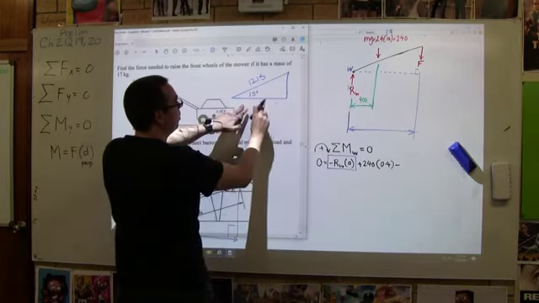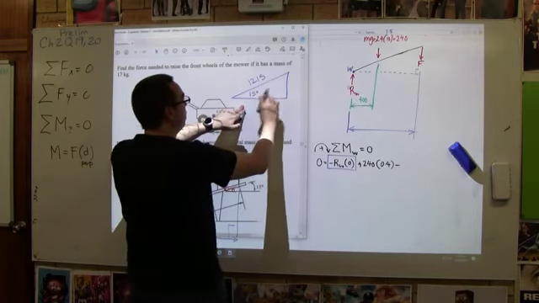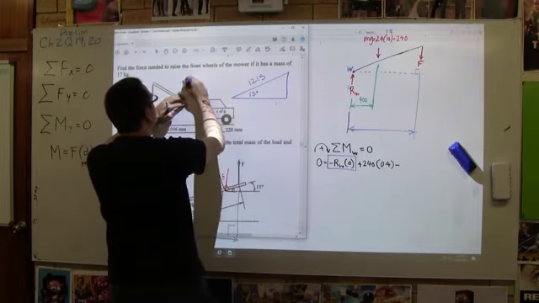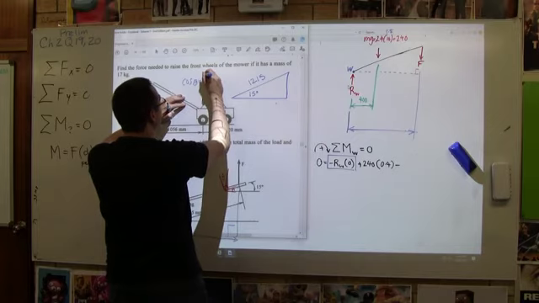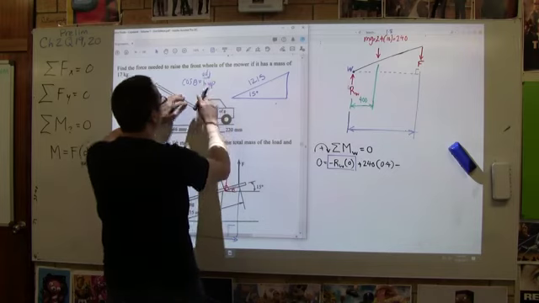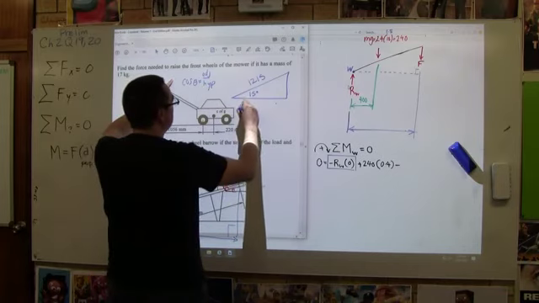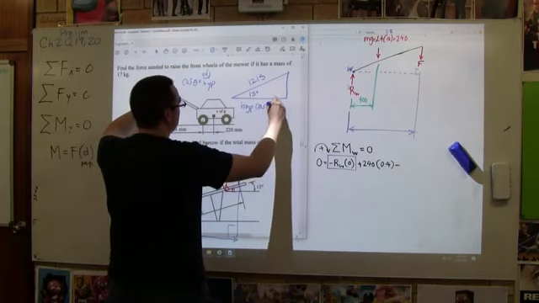So what we want to do is find which side this is. Adjacent. So we're going to use cos. What we know is that cos theta equals adjacent over hypotenuse. If what we want to find is the adjacent, we can write this as being equal to the hypotenuse times cos 15.